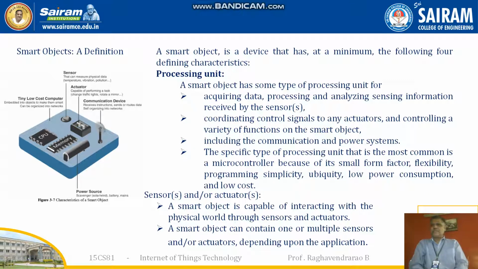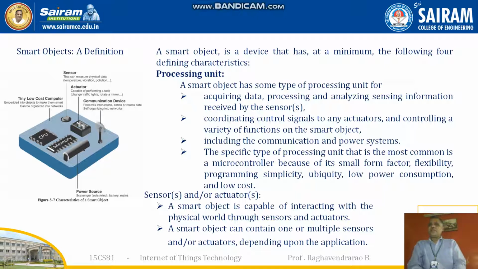So it is going to have flexibility, programming simplicity, ubiquity, low power consumption, and the cost is going to be very, very low. That's why smart objects are popular nowadays. IoT is popular. The sensors and actuators, some definitions again.